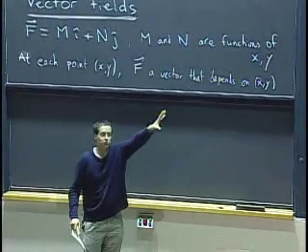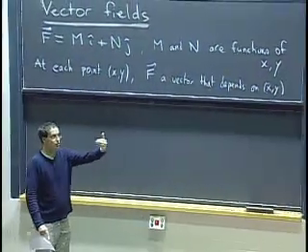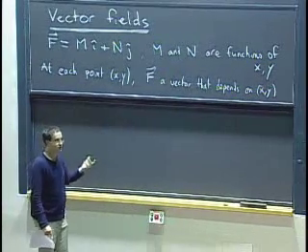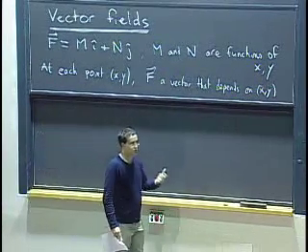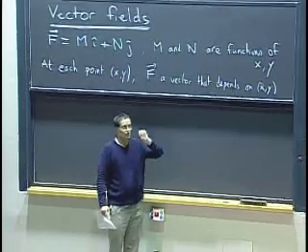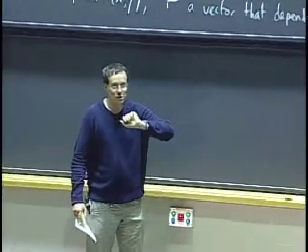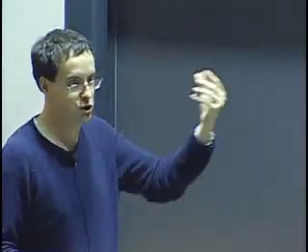For example, the wind, that's what these pictures show. At every point, you have a velocity of a fluid that's moving. Another example is force fields. Force fields are not something out of Star Wars, okay? If you look at gravitational attraction, if you have a mass somewhere, it will be attracted to fall down because of the gravity field of the Earth, which means that at every point, you have a vector that's pointing down. And same thing in space, you have the gravitational field of planets, stars, and so on. That's also an example of a vector field because wherever you go, you would have that vector, and what it is depends on where you are.